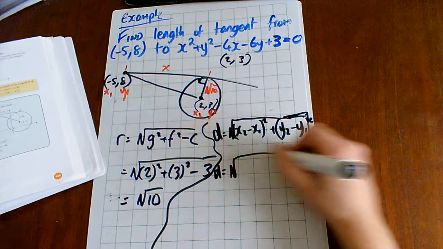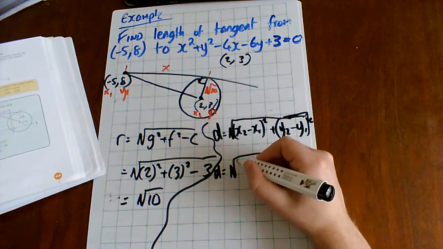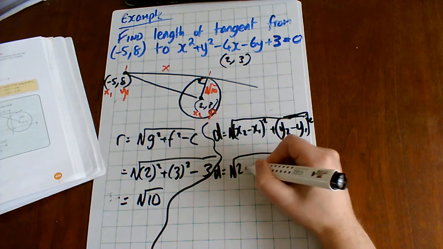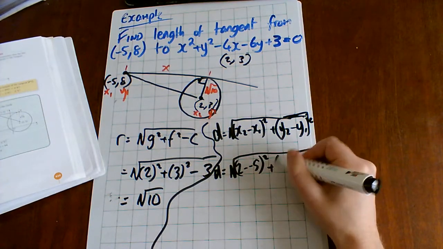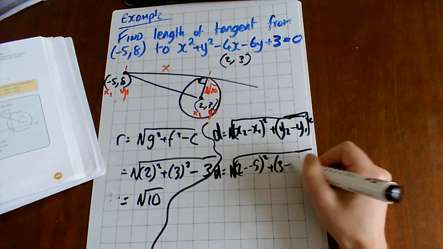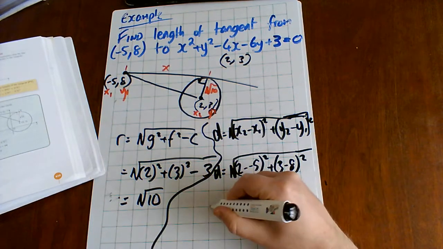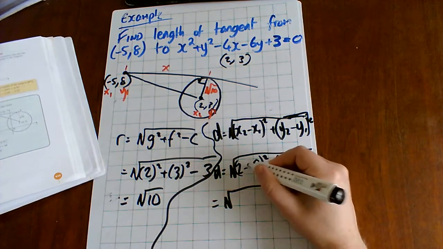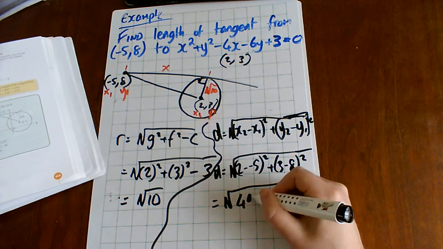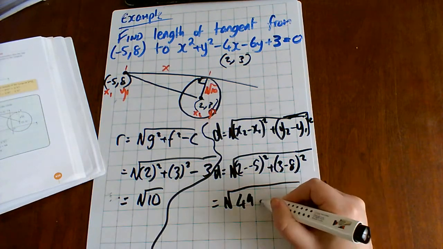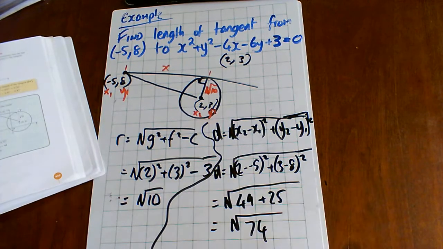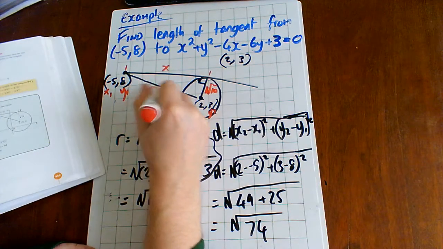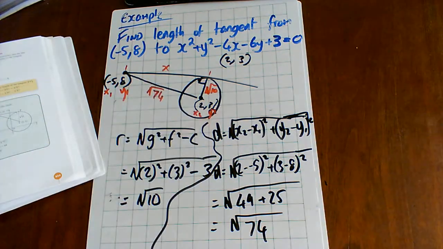Distance is equal to the square root of (2 minus minus 5) squared plus (3 minus 8) squared. That's going to become a plus, so 7 squared is 49, minus 5 squared is 25, so that is equal to the square root of 74. So we now know that this length here is the square root of 74.